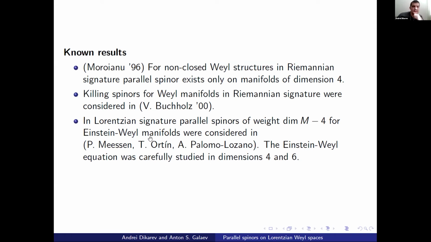And the closest to my result are the results obtained by Messin, Orkin, and Paloma Lozano. They considered Weyl Lorentzian manifolds, but they considered only Einstein-Weyl manifolds, which immediately gives a restriction on the weight of parallel spinors.